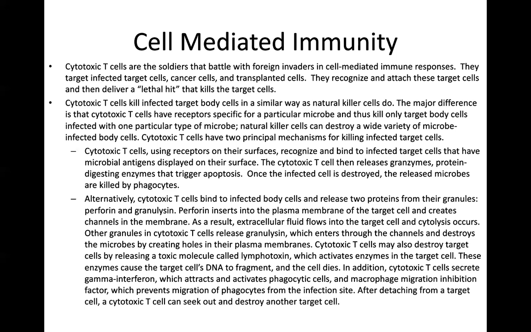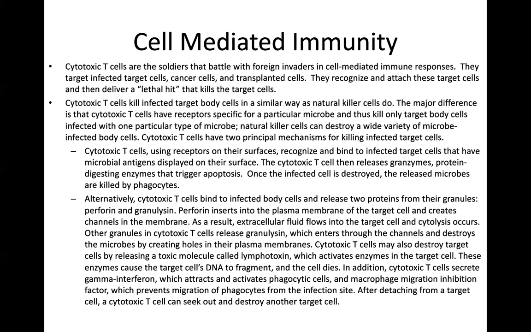Cytotoxic T cells may also destroy target cells by releasing a toxic molecule called lymphotoxin, which activates enzymes in the target cell. These enzymes cause the target cell's DNA to fragment and the cell then dies. If it's got no DNA, it's not going to survive. In addition, cytotoxic T cells secrete gamma interferon, which attracts and activates phagocytic cells.